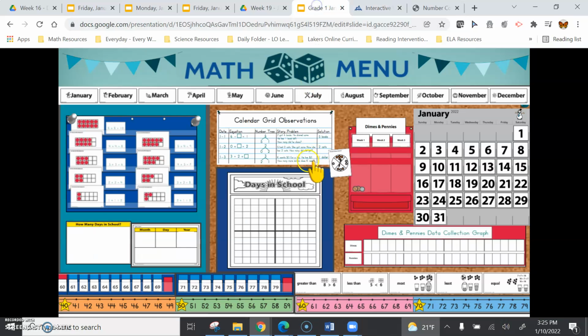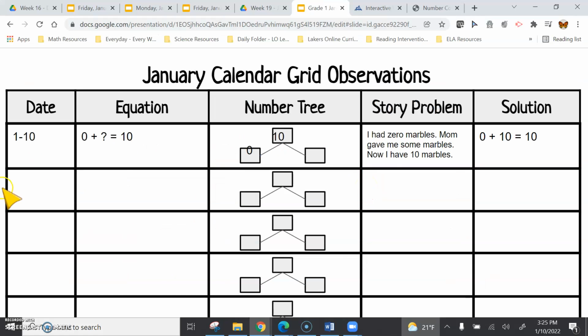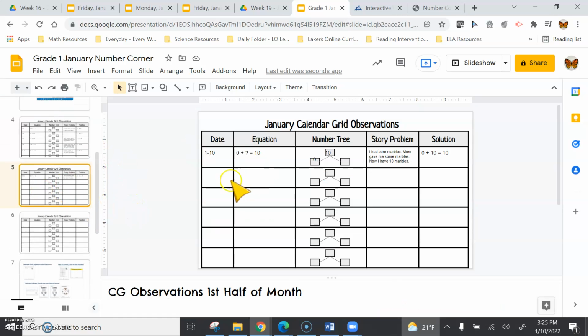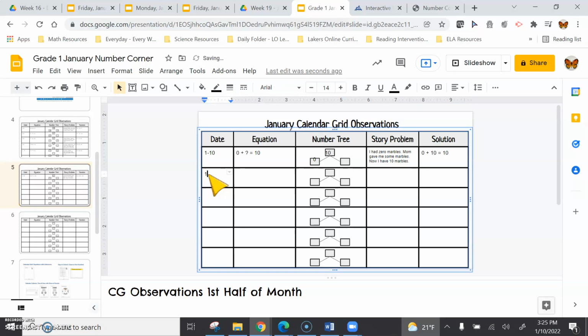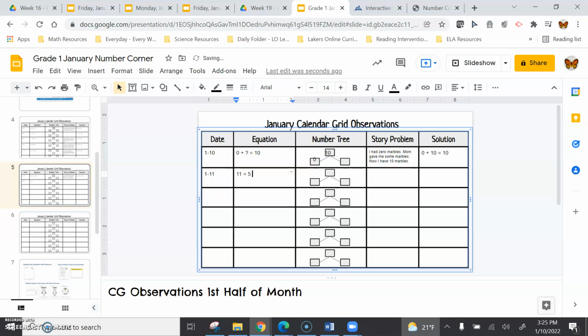Let's find out. We'll go to our calendar observation grid and put in today's information. So we're going to put for today's date. And then we will add 11 is equal to 5 plus something.